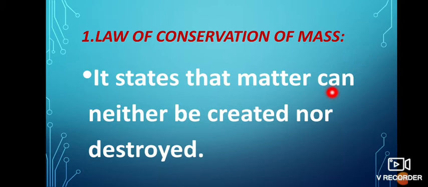Atomic mass of carbon is 12 and atomic mass of oxygen is 16. When we add 12 and 2 times 16, because there are 2 atoms of oxygen in this reaction, we get 44, which is the molecular mass of carbon dioxide. This example proves that mass can neither be created nor destroyed in a physical or chemical change.